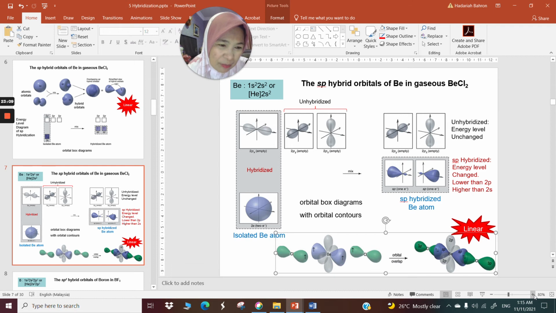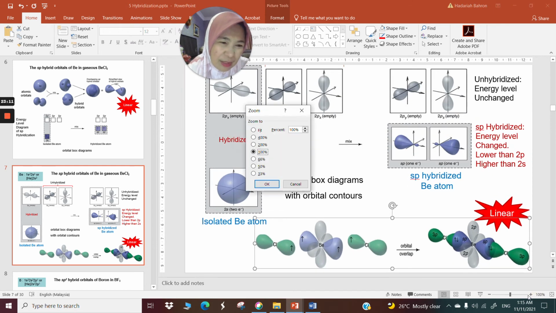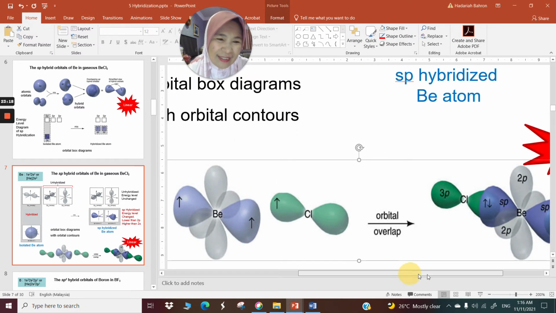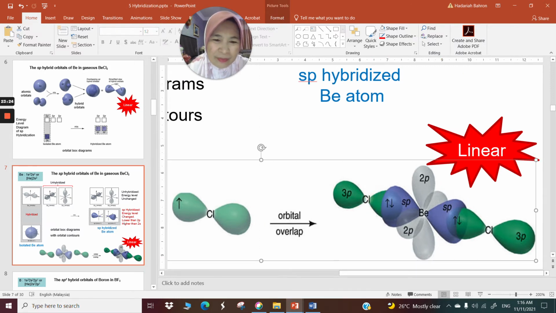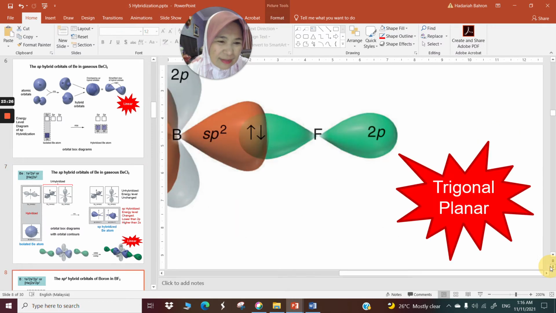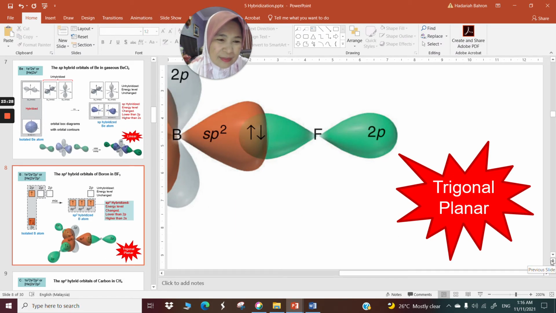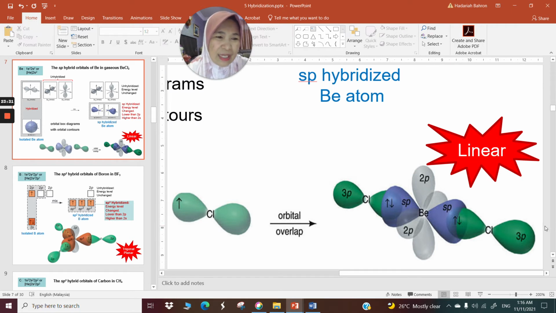Let me make that bigger so you can see. You get to see that this chlorine is overlapping with that sp, making beryllium chloride and another beryllium chloride.